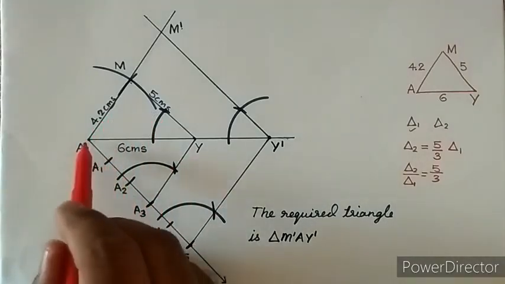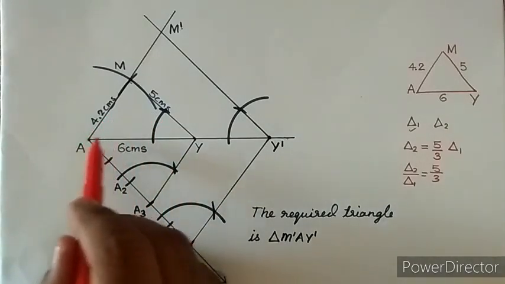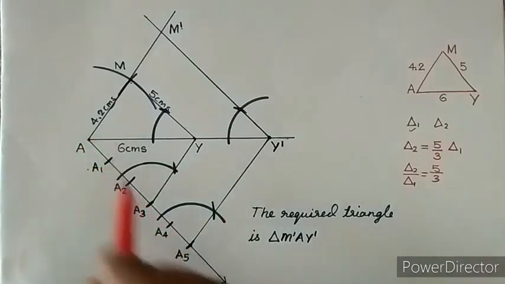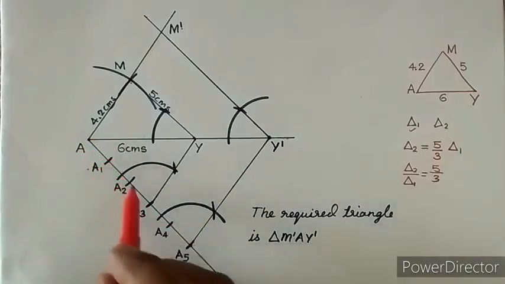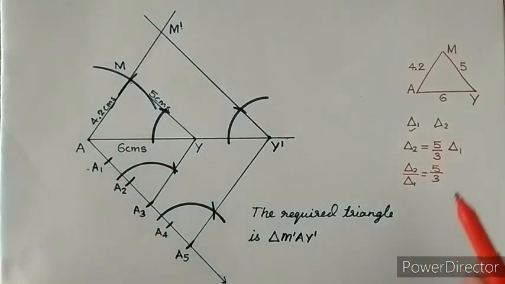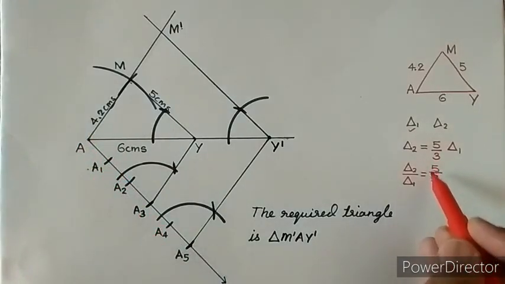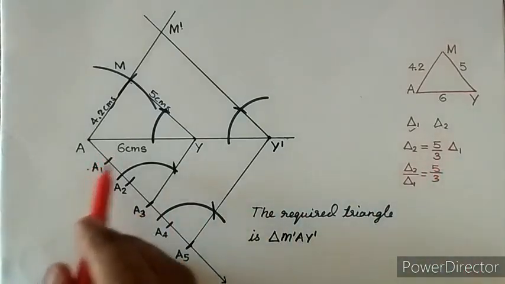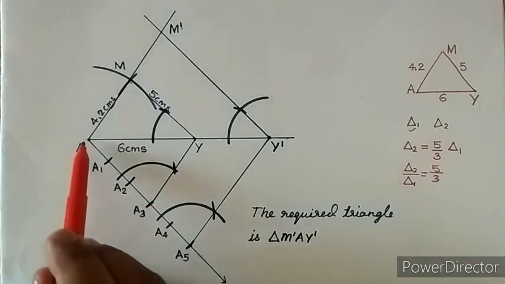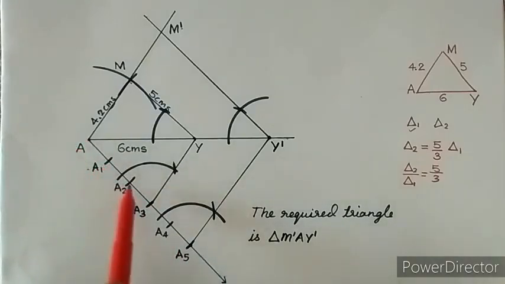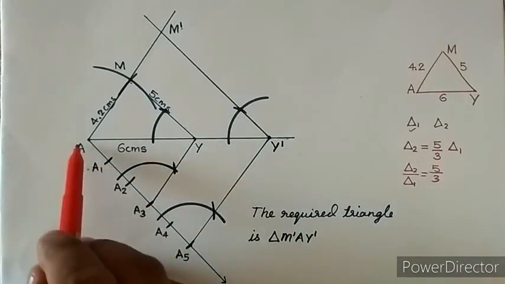You know that 90 degrees is a right angle, so roughly 45, half of that, and divide this with the compass into n number of parts. How many parts will depend on this ratio, the greater number in this ratio. Here the greater number was 5, so divide this into 5 parts. This angle was A, so the parts will be A1, A2, A3, A4, A5. If it was P, P1, P2, P3.